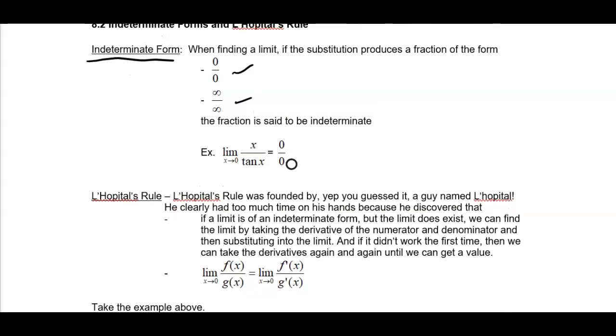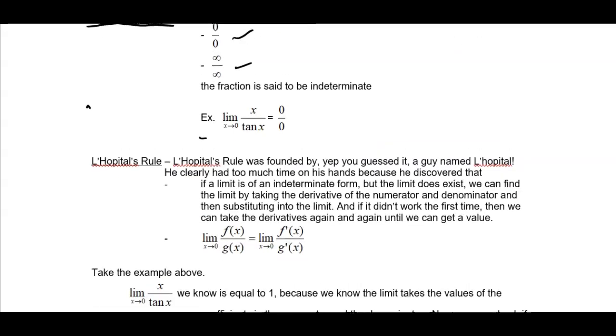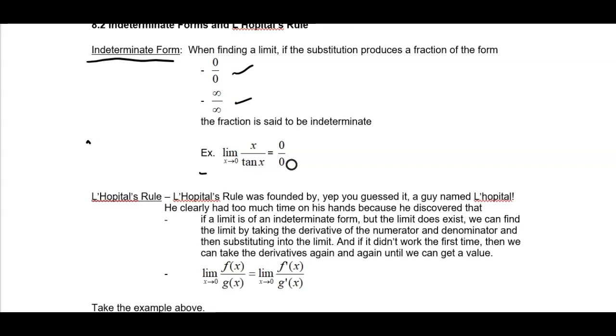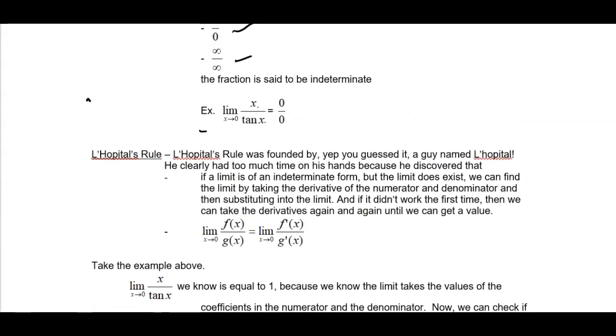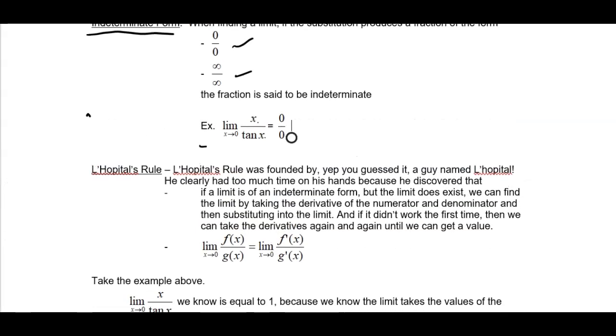So if you look at this first problem that I gave you here, if we went ahead with our rules of limits and just substitute in like we normally would, let x be a 0 here, let x be a 0 here, we obviously get a 0 on top, and then the tangent of 0 is also 0. So we get 0 over 0. That is what we would call our indeterminate form.